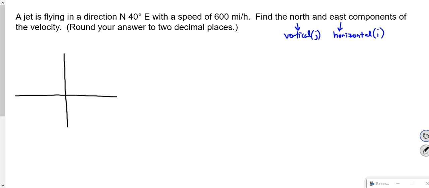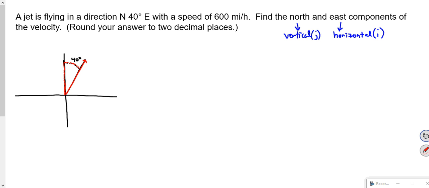What they mean is if you are flying north, due north, and then you turn 40 degrees to the east, that's what they're talking about. So this is actually your vector.